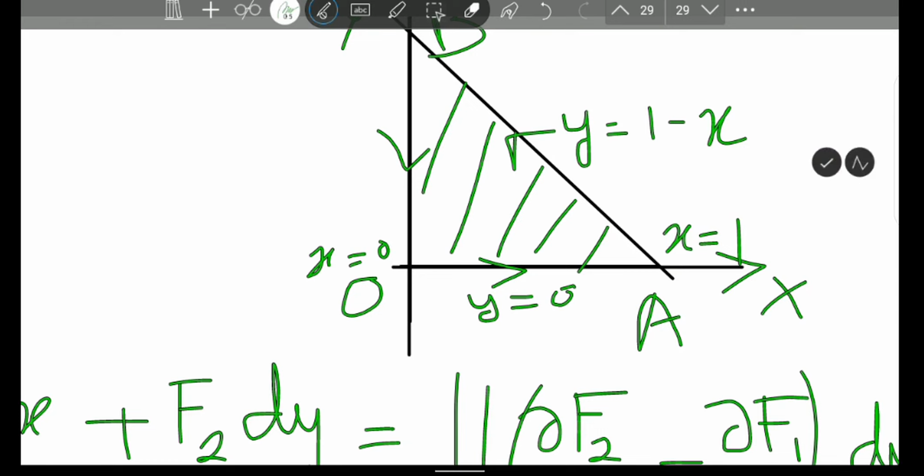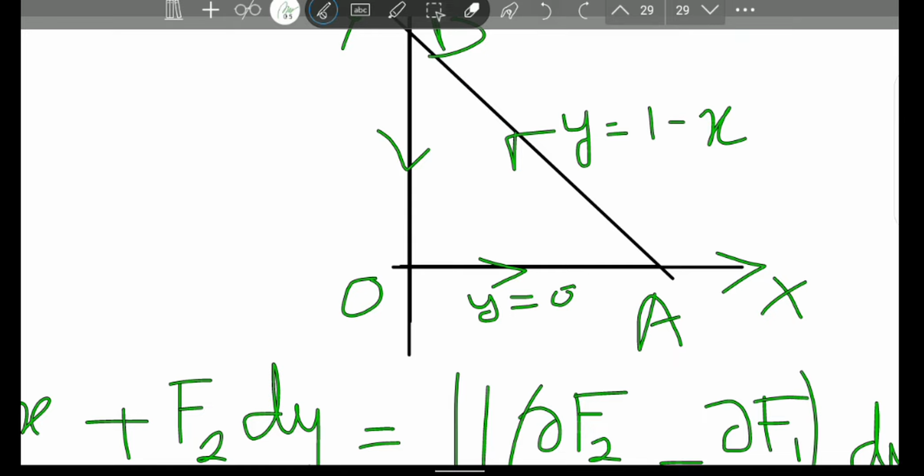That's the point, x equal to 1. So let's change x from x equal to 0 to x equal to 1. Then let's change y from y equal to 0 to y equal to 1 minus x. Then we will be exactly covering this triangular region.